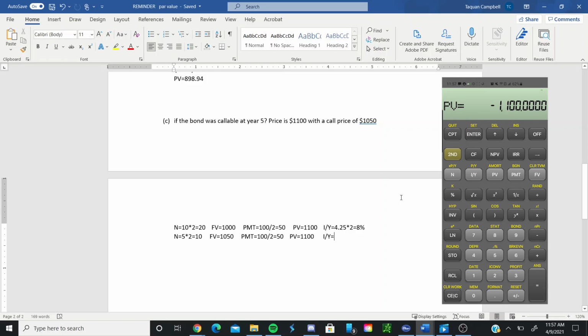Okay, then hit enter, compute, click the yield, and we should get a rate of 4.17% if we round it up. And don't forget to times that by 2, and we should get an annual rate of 8.34%.